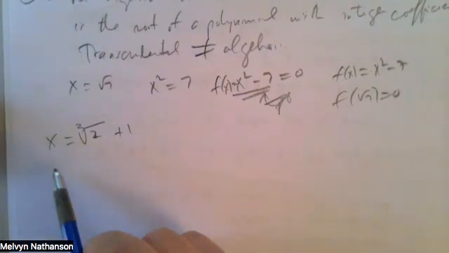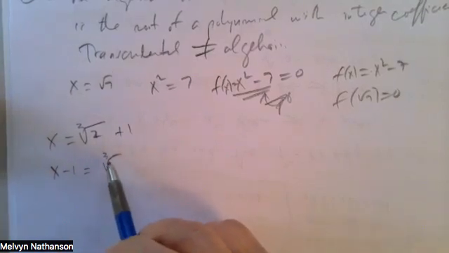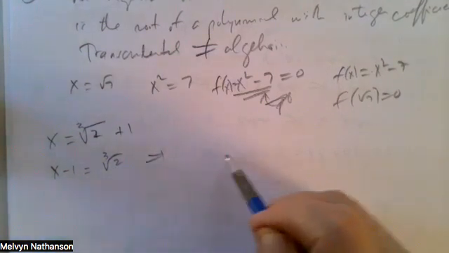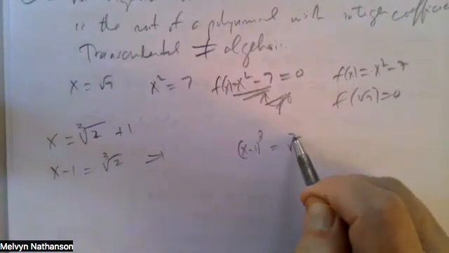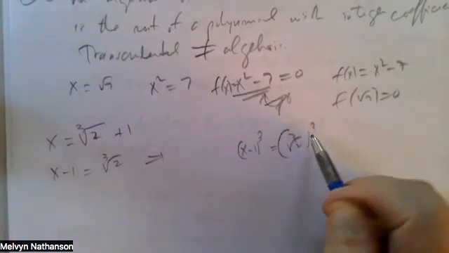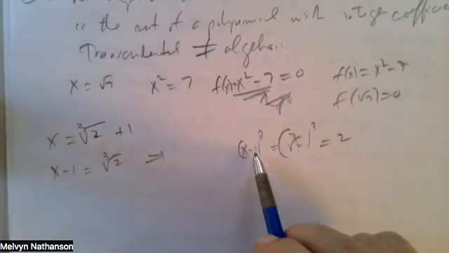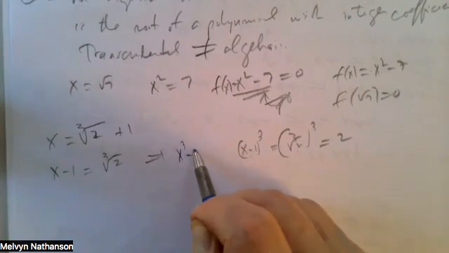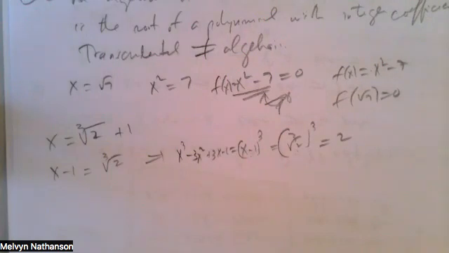Let's see. If I take x minus 1, that's going to be the cube root of 2. So if I cube both sides, x minus 1 cubed is the cube root of 2 cubed. Of course, if you cube the cube root of 2, you get 2. And if you cube x minus 1, you get x cubed minus 3x squared plus 3x minus 1.